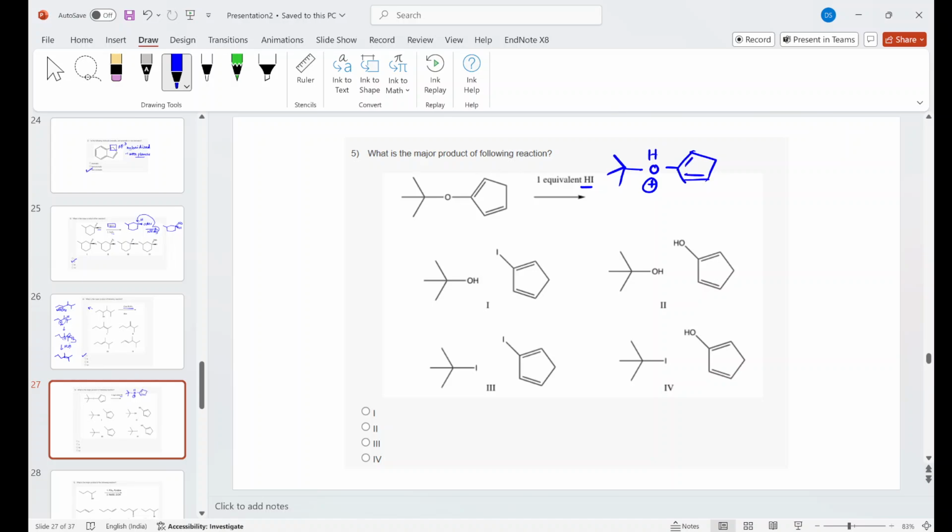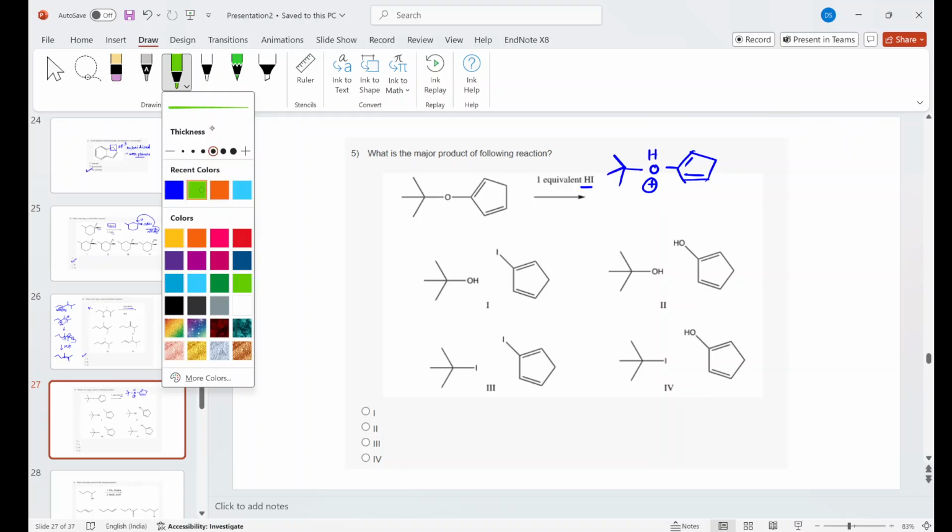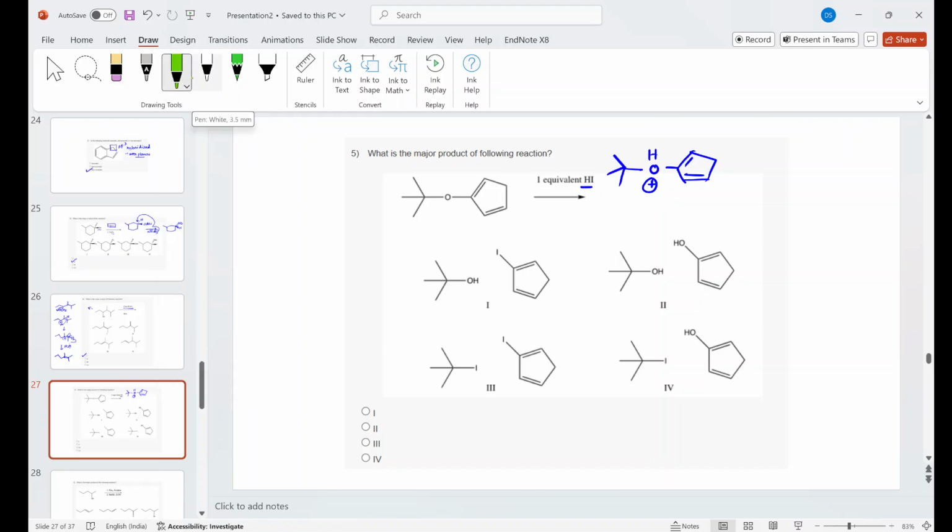It can cleave in two ways. First, if it cleaves here, then we will have OH plus, here one positive charge.